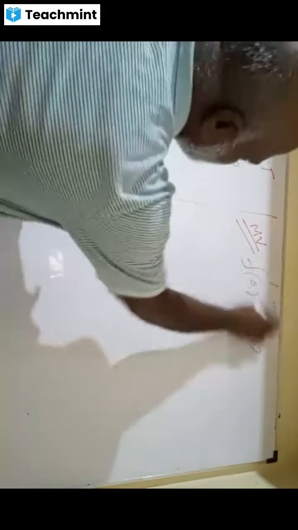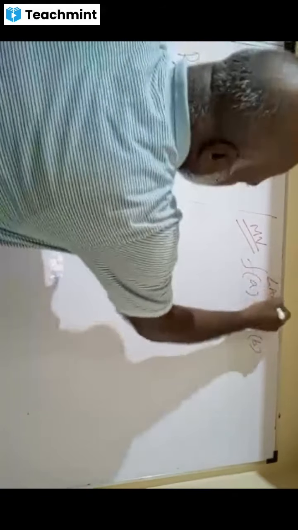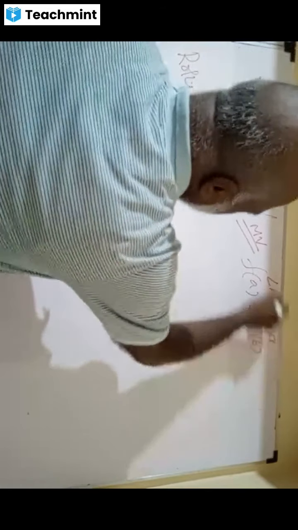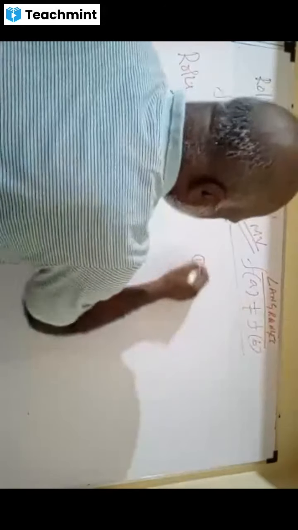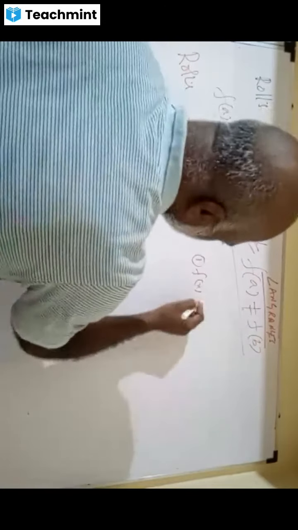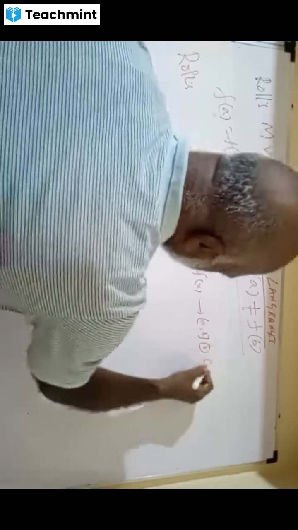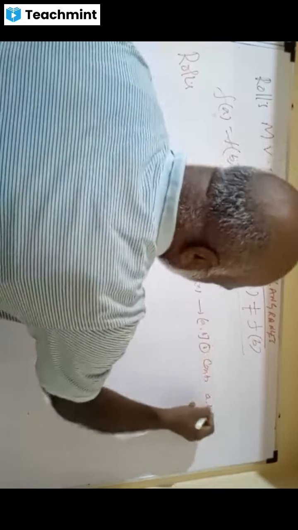What is this Lagrange's mean value theorem? Same story here, f of a is not equal to f of b. First, the function should be defined in the interval AB. It should be continuous in the closed interval AB.